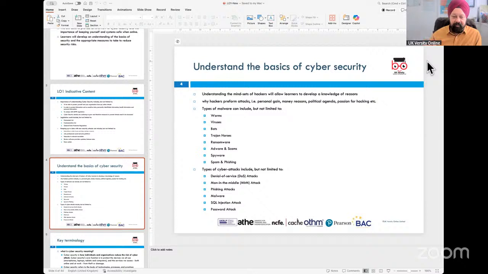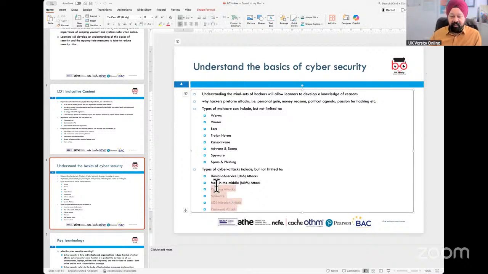So there is some information which we are going to cover in this learning outcome, which talks about the different types of cyber attack and how they can be used to affect, or in this case, we use the word infect, a PC, hardware or a system, and there would be the 5 or 6 types that we will be looking at in one of the assessment criteria.